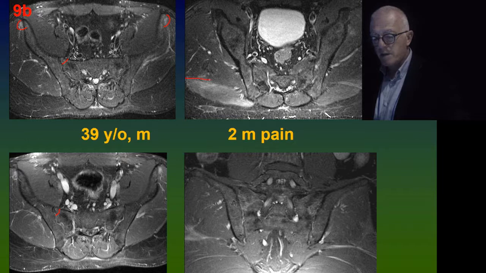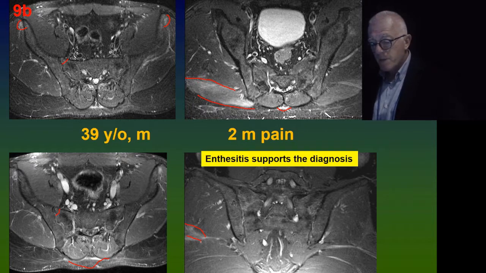We have extensive edema of the gluteus muscle, edema in the superficial fascia here, enhancing also, as you see here. We have also intermuscular enthesopathy, and therefore extensive enthesopathy together with some tiny areas of bone marrow edema suggest the correct diagnosis. So this is a supporting finding.